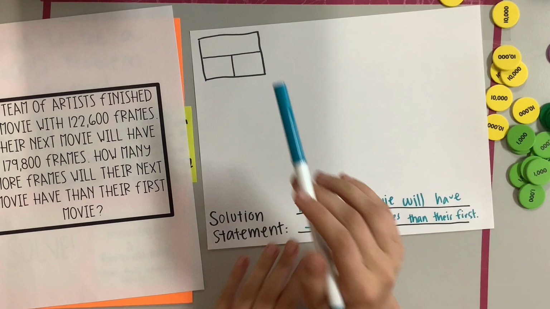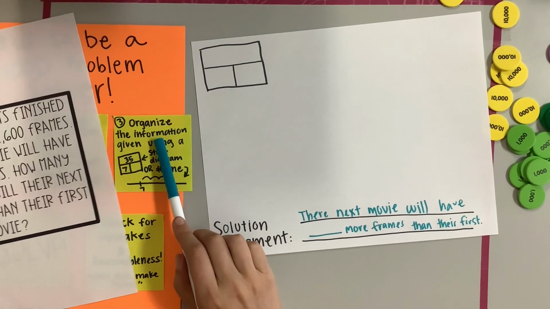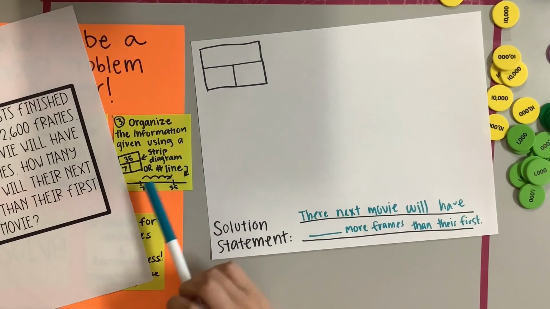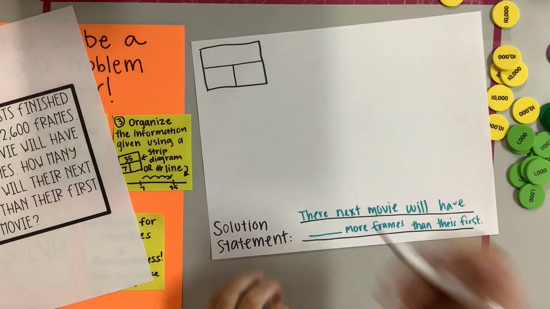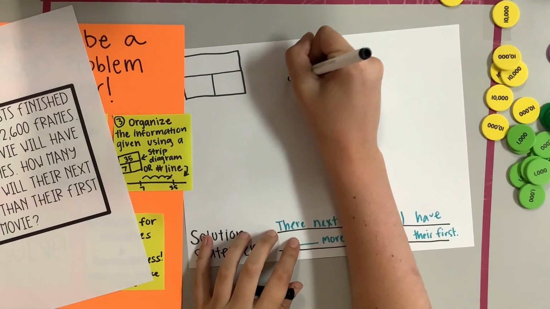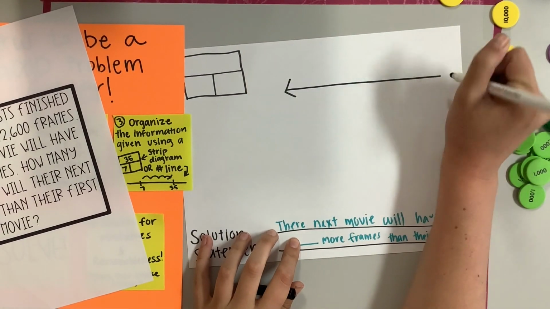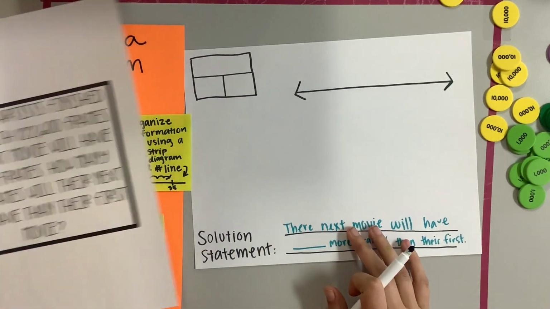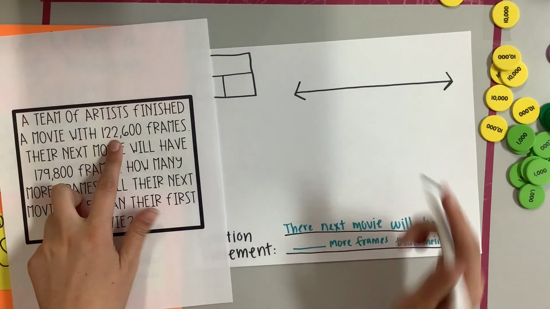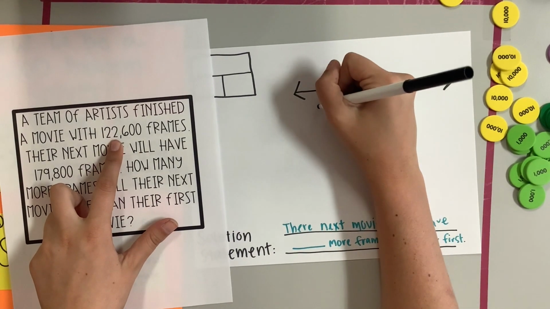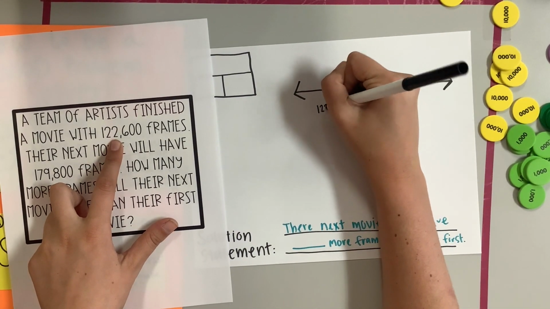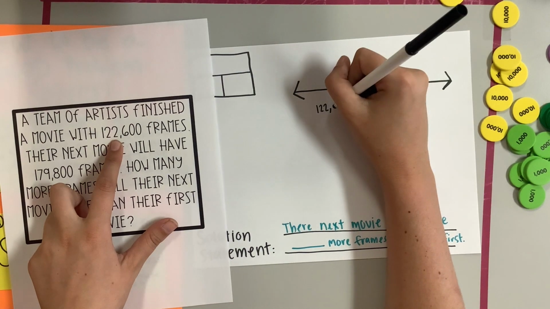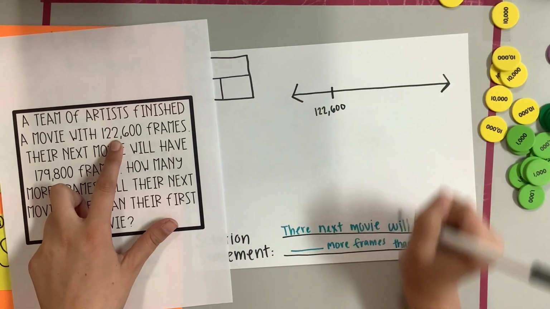So before I do my strip diagram to organize my work, I actually want to show you what a number line would look like. I'm just going to draw a number line up here. Now I'm going to think about the numbers that they gave me. They told me that they finished a movie with 122,600 frames.